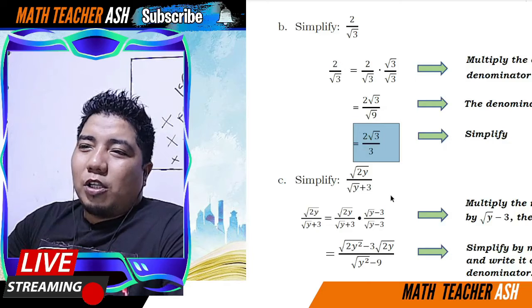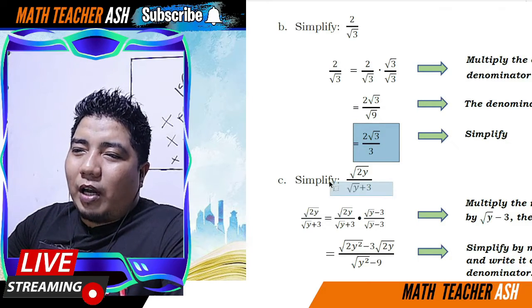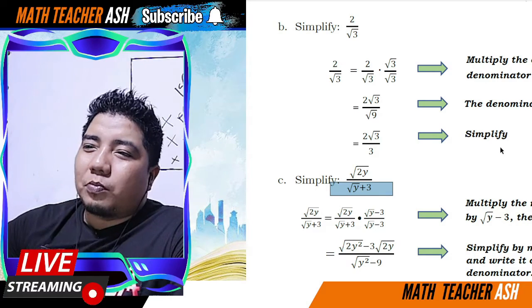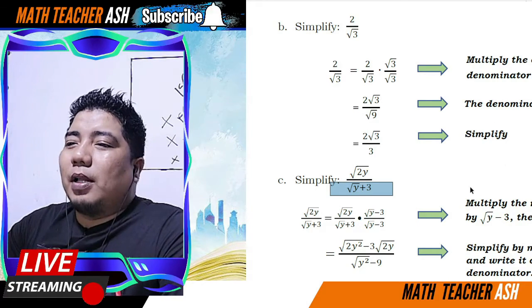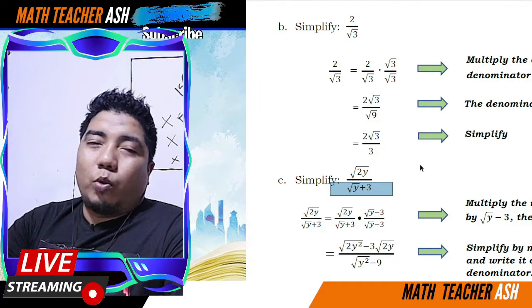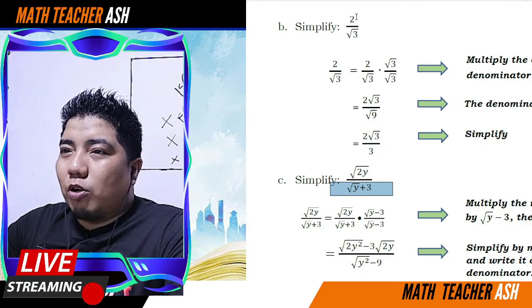Pero ang tanong, Sir Ash, what if ang denominator ay binomial, meaning 2 terms? Okay, if that is the case, my dear math learners, what you will do is you need to multiply it to its conjugate. Sir, ano ba yung conjugate?